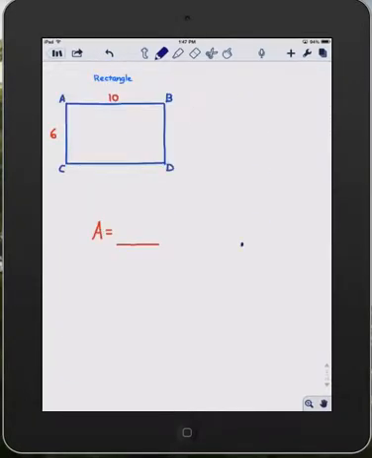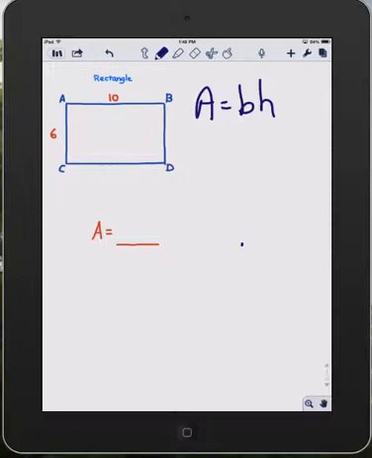So for the next rectangle, the formula is the area equals the base times the height. Now I'd suggest you always write down the formula, even though it seems very repetitious, because as we go through the rest of the chapter, we're going to be dealing with a lot of other formulas, for example, the area of a triangle, the area of a trapezoid, the area of a circle.